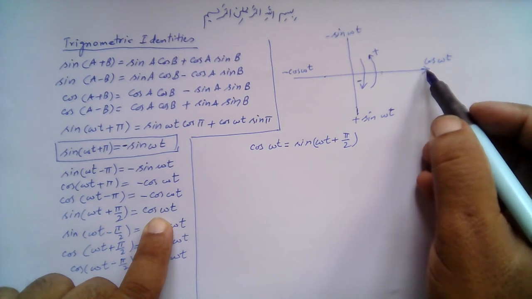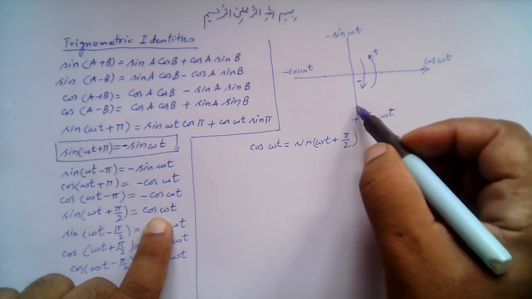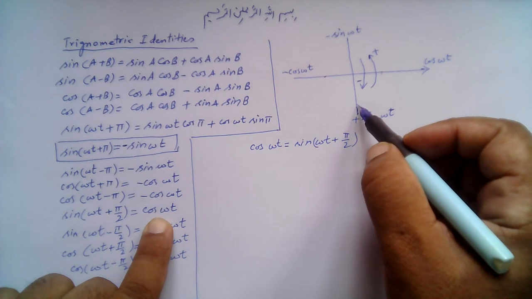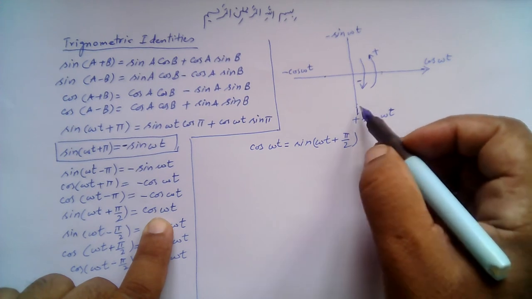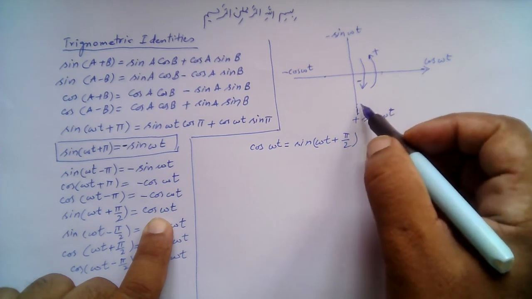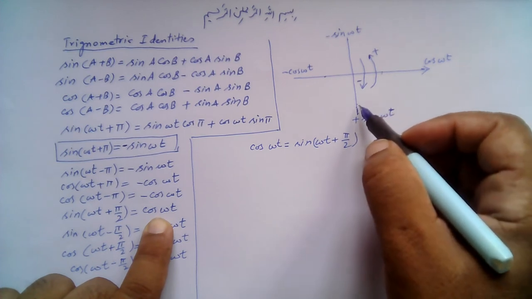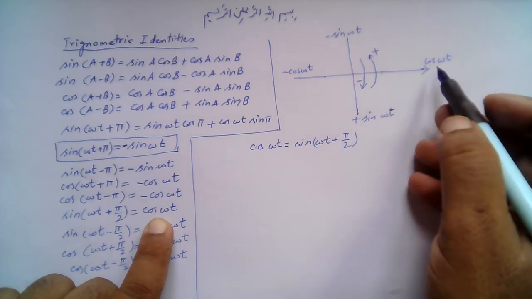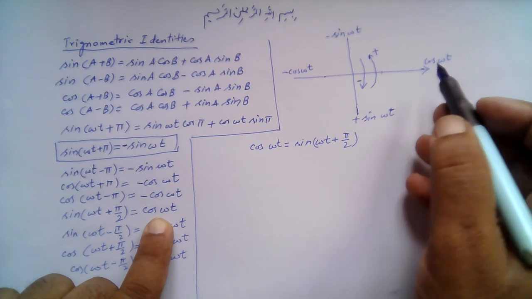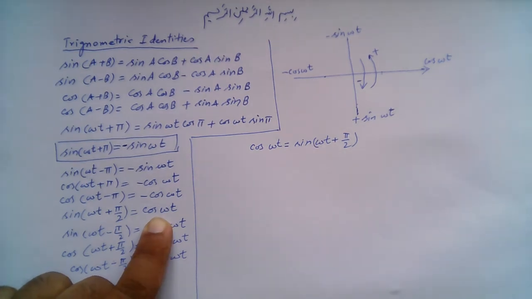So we need to be at sine omega t and then find out what we need to add or subtract so that we can get the cosine. So we are here at sine, and we see that if we add plus pi by 2, we get the cosine function here, right? So this should also be kept in mind.